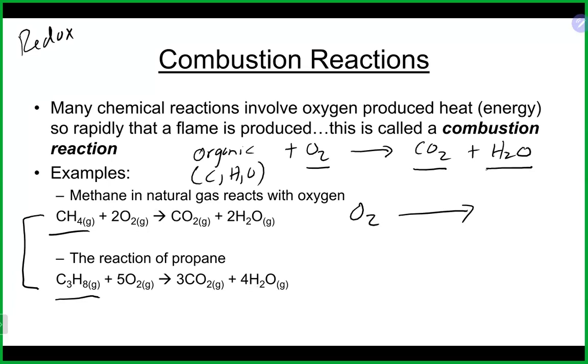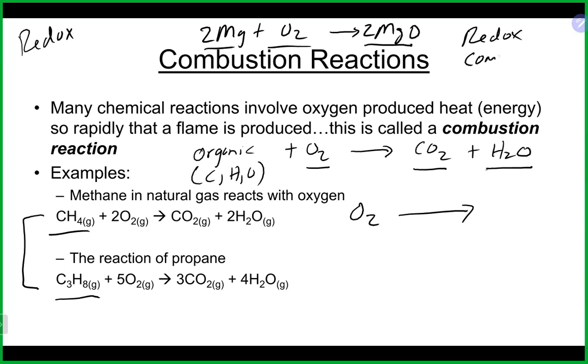That means when we look at this reaction that we saw earlier, magnesium plus oxygen makes magnesium oxide. This is a redox reaction, as we saw earlier, right? We got electrons being transferred. That is two things that make one thing. Means it's also a combination reaction, right?